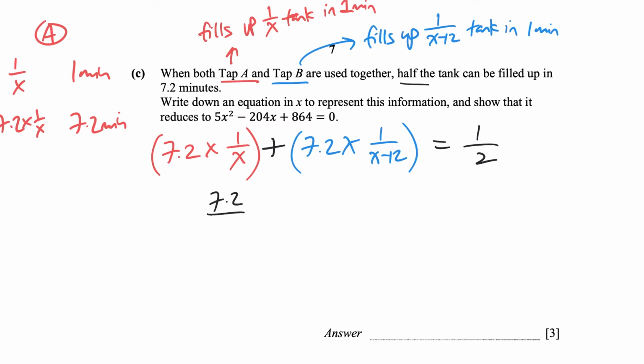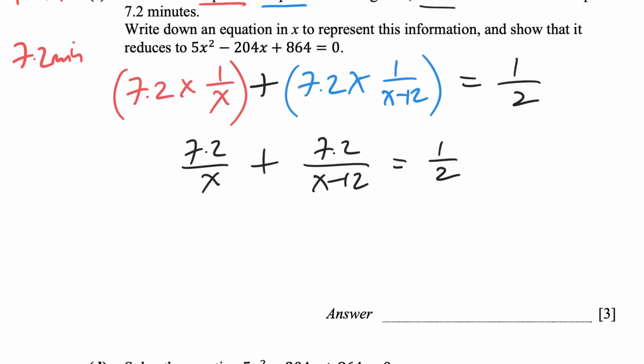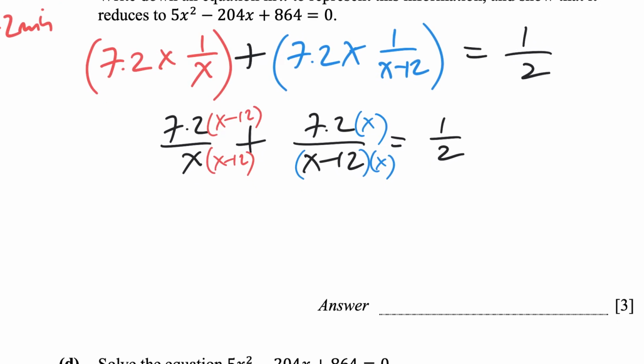So 7.2 over X plus 7.2 over X minus 12. Let's multiply by X to make all the denominators the same. The half I'm going to leave for now, because I can combine the left side first.